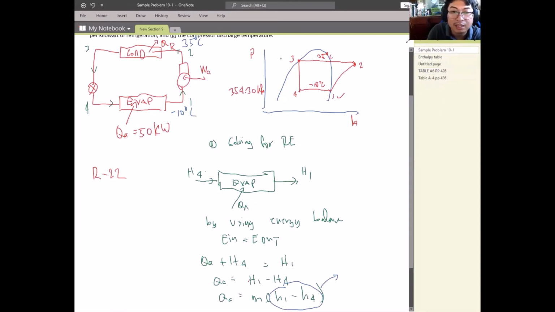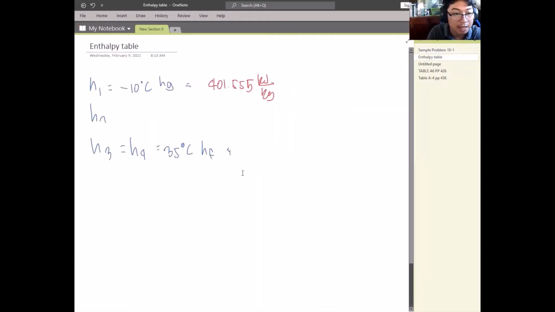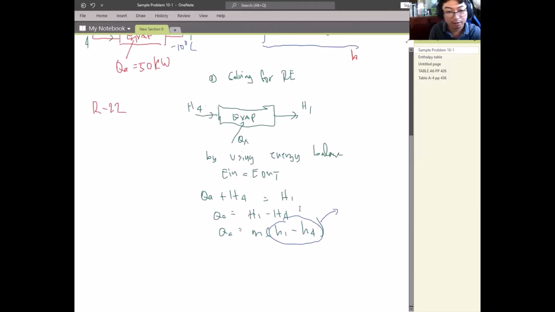So check na natin to. We have H1 and H4. So we don't know the value of H2. So that is 243.114 kilojoule per kilogram. Okay, now we can solve for the refrigerating effect.